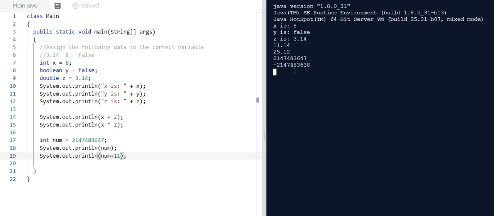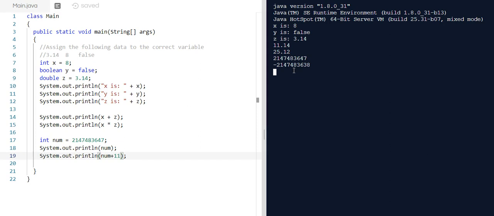So what's happening here is I've already talked to you about the fact that the positive 2 billion number that ends in a 7 is the largest integer that can be stored based on the amount of memory that's allocated for integer variables. When you add 1 to that, instead of giving you an error, it wraps the data around to the next integer that it knows about.